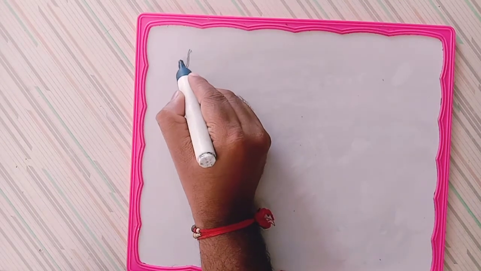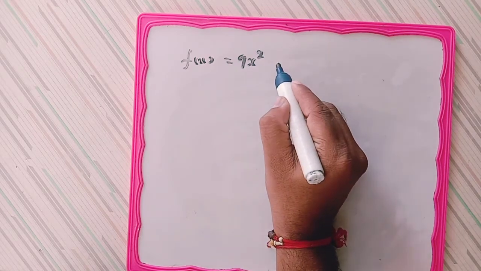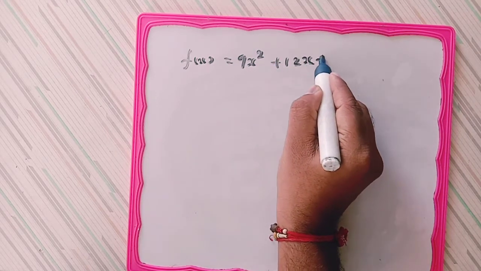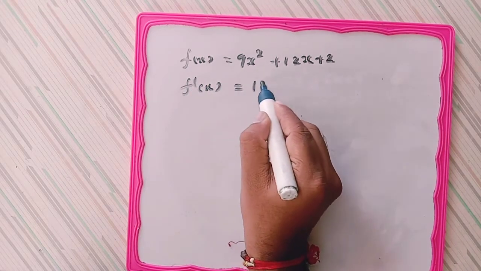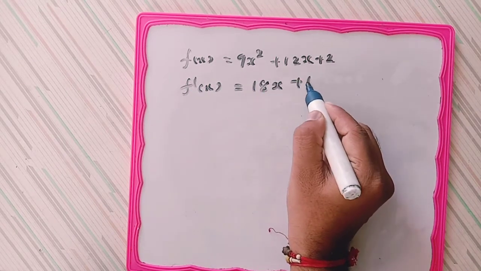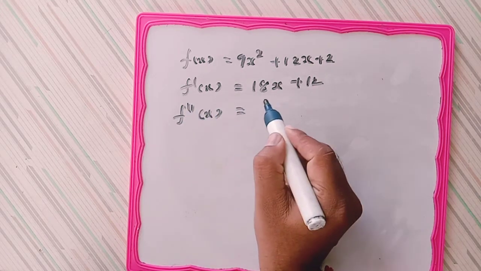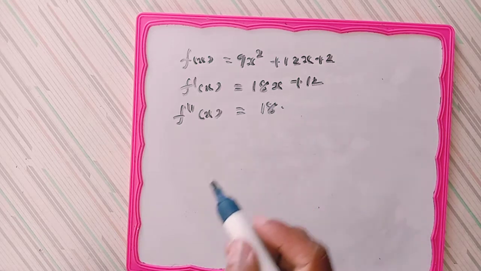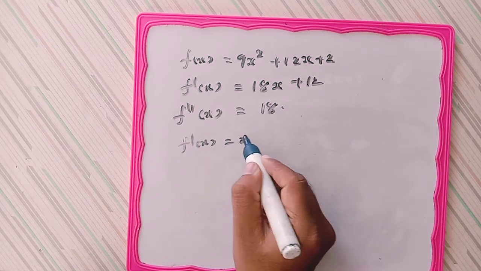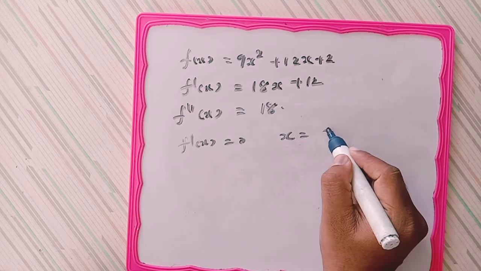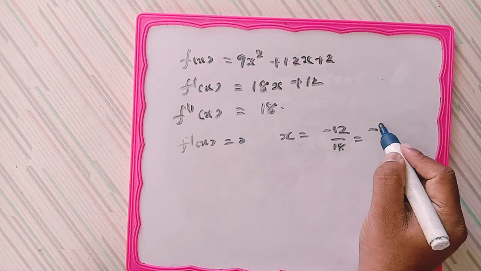Second question, we are given f(x) equals 9x square plus 12x plus 2. So f'(x) we will have 18x plus 12 and f''(x) we will have only 18, and so f'(x) is 0 when x equals minus 12 by 18, means minus 2 by 3.